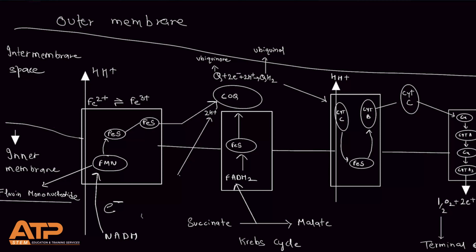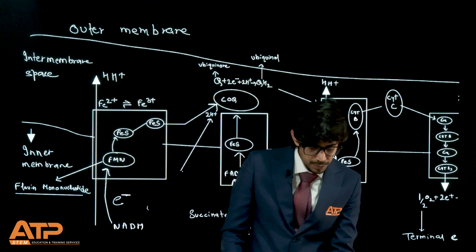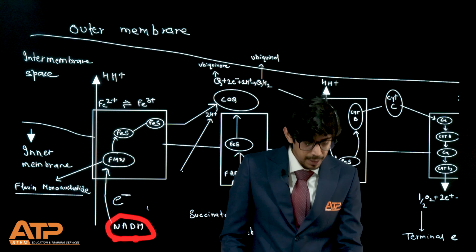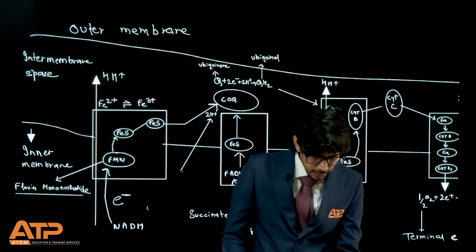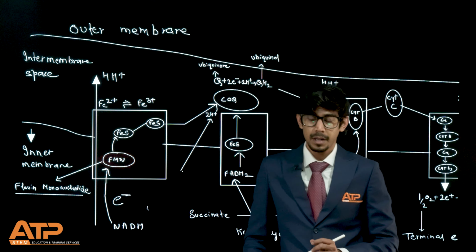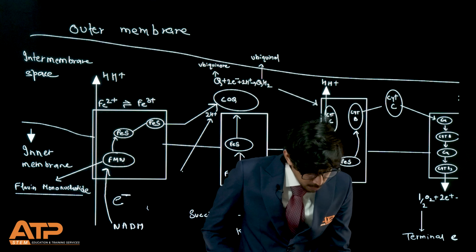Since hydrogen is also getting lost here and NADH is getting oxidized, this complex 1 is called NADH dehydrogenase, because it removes the hydrogen and electron from NADH.